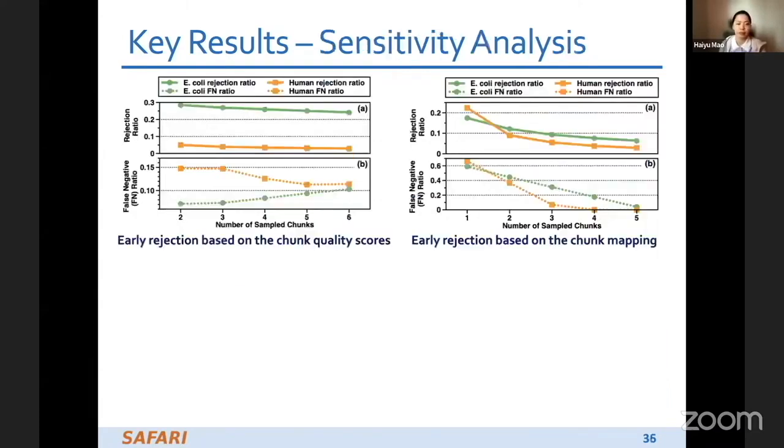We also provide several sensitivity analyses which we did offline. By this pre-analysis we can decide how many chunks we use to do the early rejection based on the chunk quality scores, and how many chunks we use to do the early rejection based on the chunk mapping.